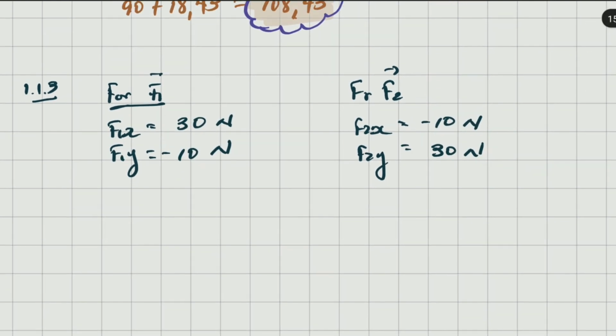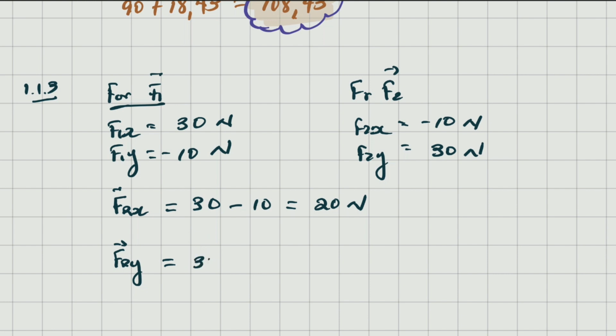Now, what are we going to do then? Now we are going to get the resultant in the x-axis, and we are going to get the resultant in the y-axis, both of them. So for Rx, we have 30 from the first vector minus 10, which is 20 Newton. And for the Ry, we have 30 for the second one minus 10, which is equal to 20 Newton.